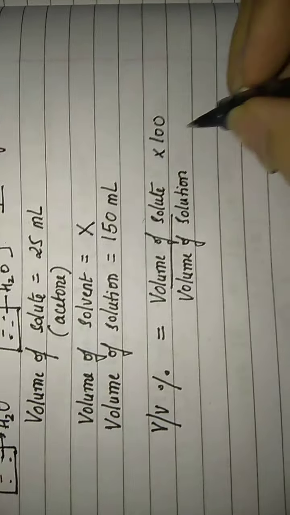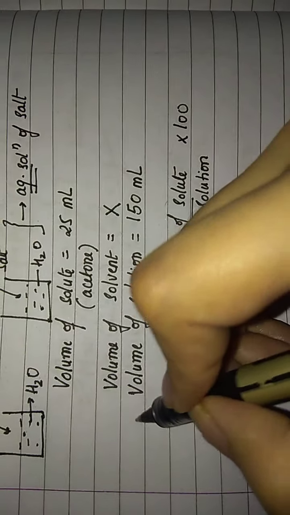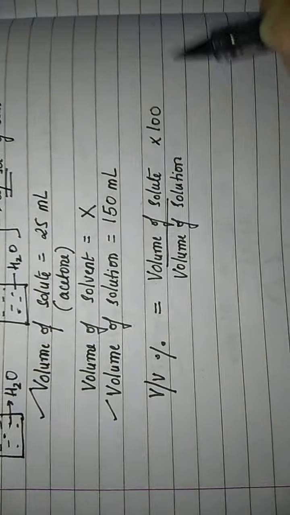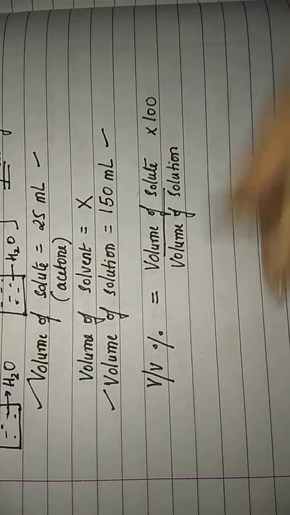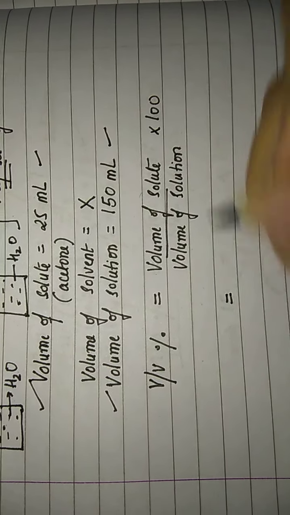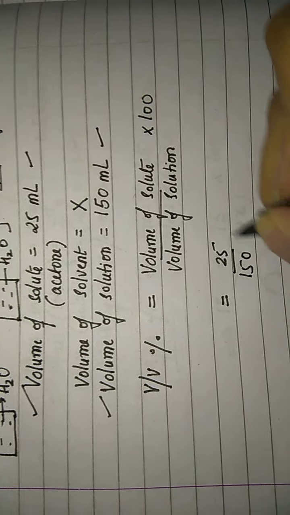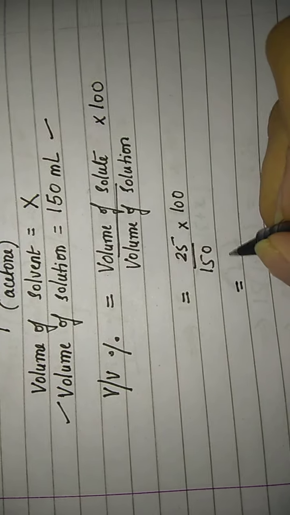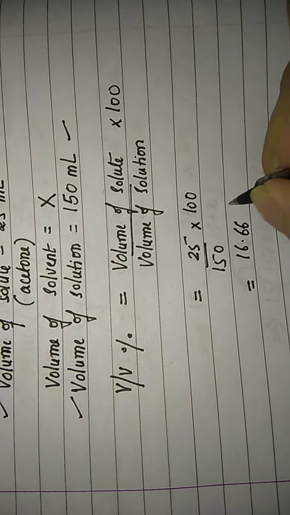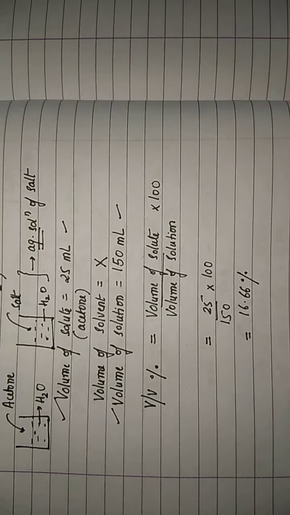Okay, this was my requirement, volume of solution and volume of solute, and both these things are given to me in the question. I have been given the volume of solute also 25 ml and the volume of the whole solution also 150 ml. So I will directly substitute the values, 25 divided by 150 into 100. So it will be equal to 16.66%. So this is how you are going to express the concentration in terms of volume by volume percentage.